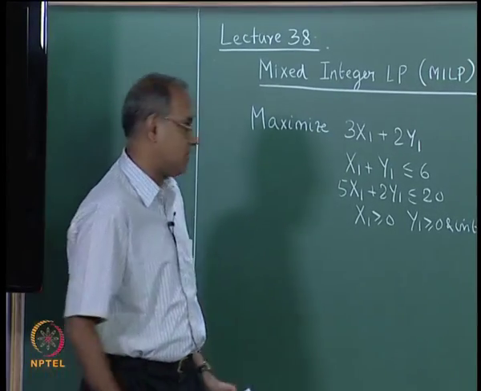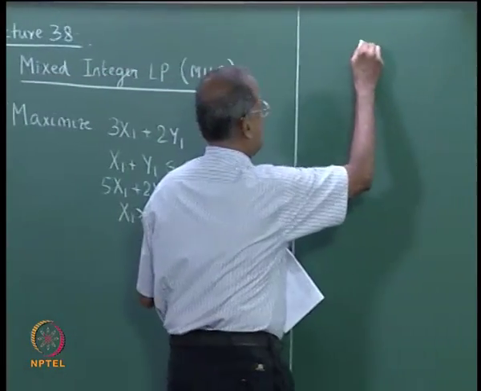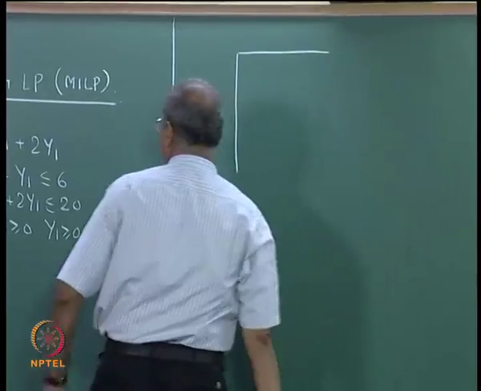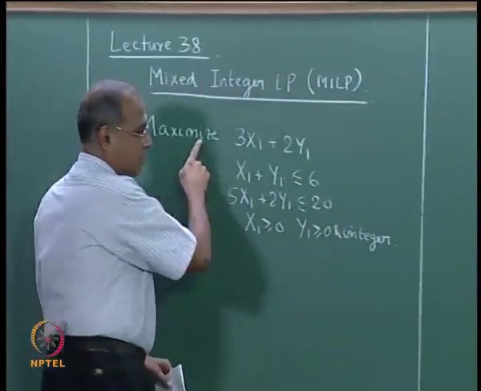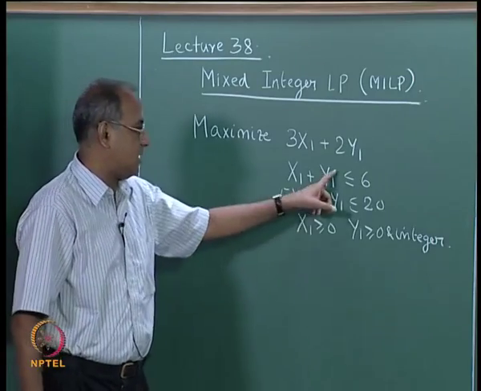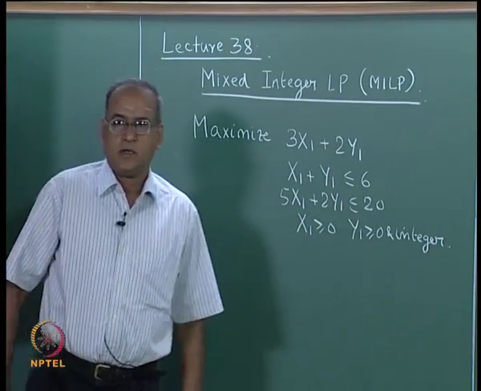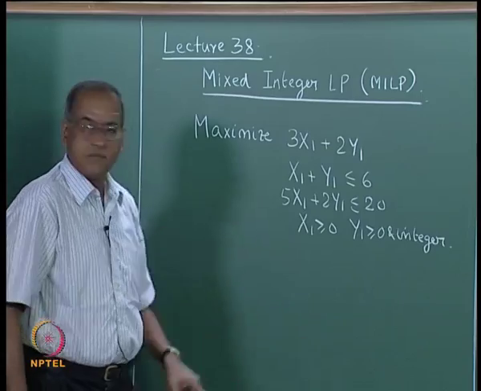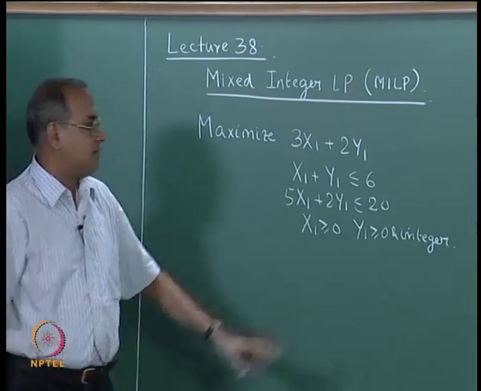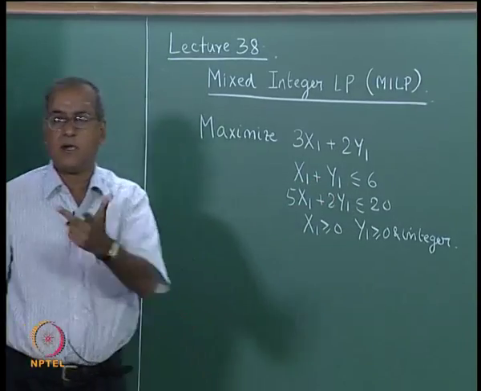So, we set up the simplex table as we have done before. It is a maximization problem, so we will add two slack variables which are called x3 and x4. Now, because x1 is continuous and only y1 is restricted to an integer value, x3 and x4 will be continuous variables.